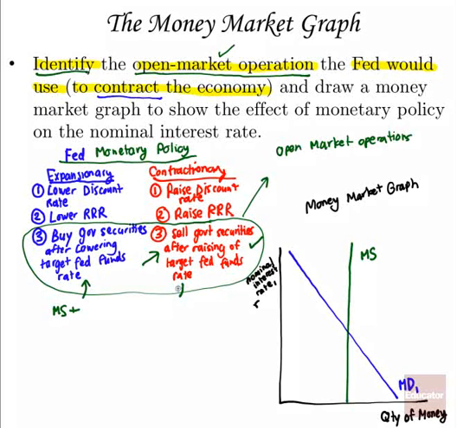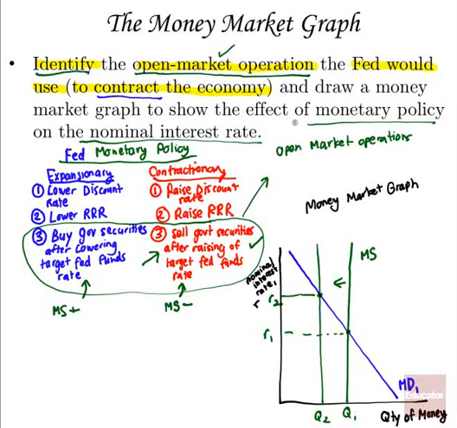Contractionary monetary policy is the money supply shift to the left, and that's what's happening right here. The interest rate went from R1, and you shift the money supply to the left, which is what contractionary monetary policy will do. And now you have R2 here. So what is the effect of monetary policy on the nominal interest rate?